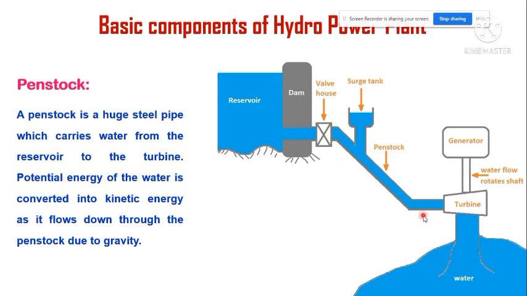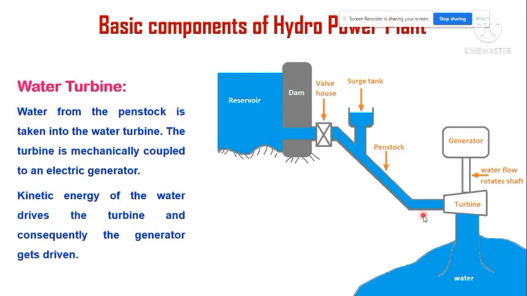Okay. Next, water turbine. Here, water from the penstock is taken into the water turbine. The turbine is mechanically coupled to the electrical generator. The kinetic energy of the water drives the turbine, and immediately the generator gets driven.